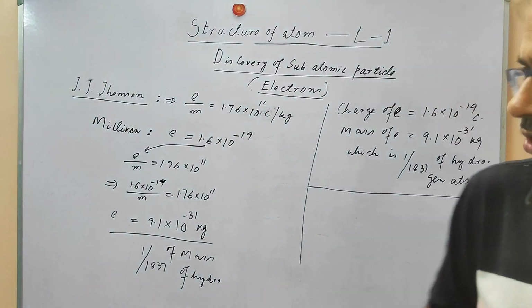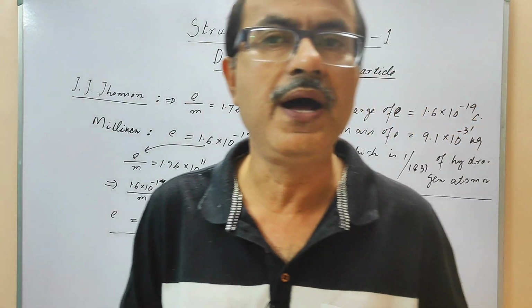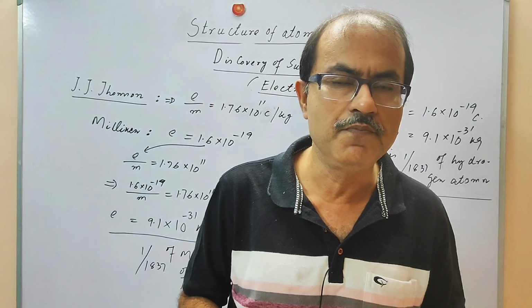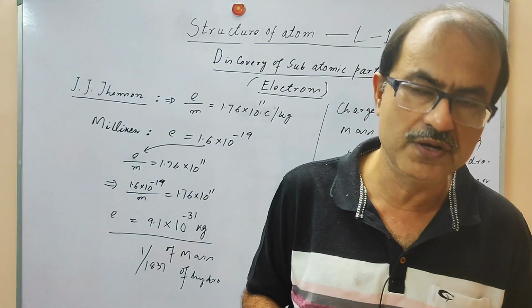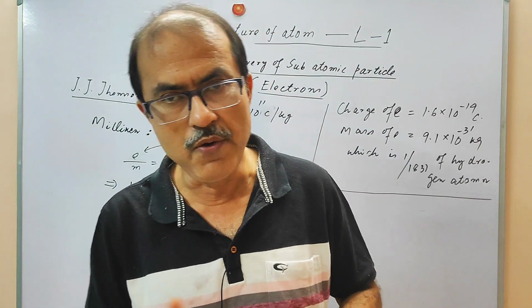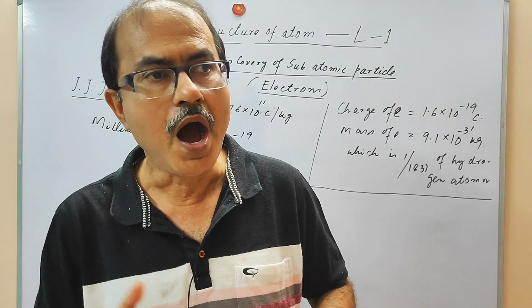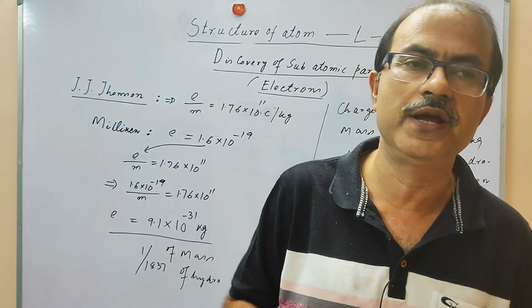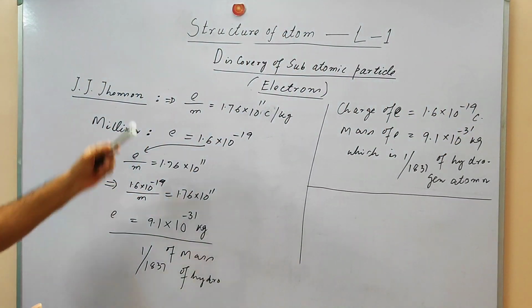So that is all for today's video. In this video we have understood how the electron, the most important subatomic particle, was discovered by J.J. Thomson. J.J. Thomson was awarded for this in the year 1906.